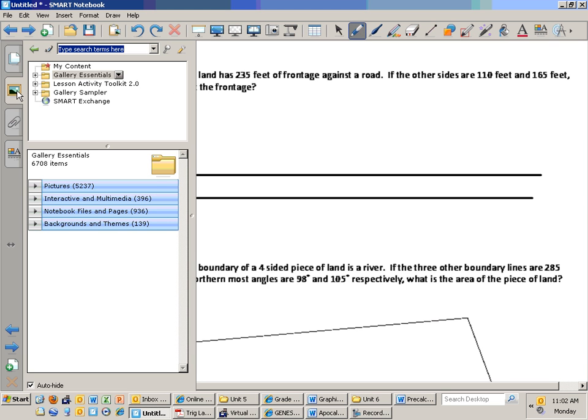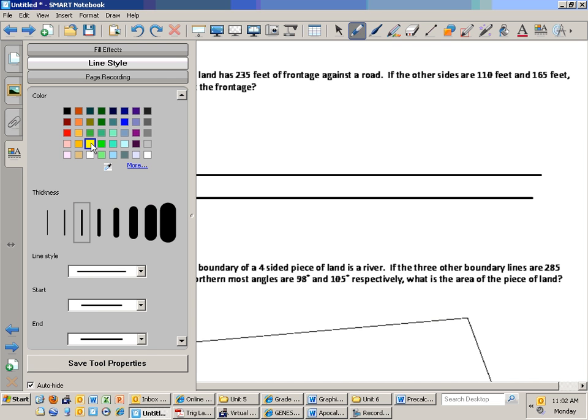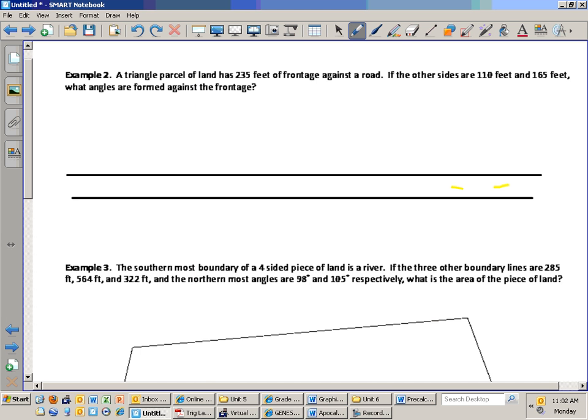I could use some yellow, couldn't I? There we go. Triangle parcel of land up against the road.